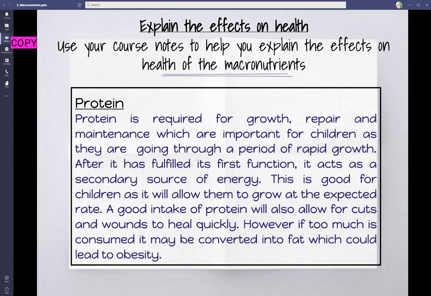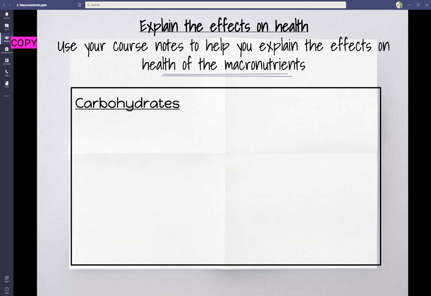What your task is going to be is that you're going to explain the effects on health of protein, carbohydrates, and fat. Now, this is an example that has already been done for you, and you're going to complete this for carbohydrates and fat, either in your jotter or on paper. So you are going to complete one for carbohydrates and one for fats.